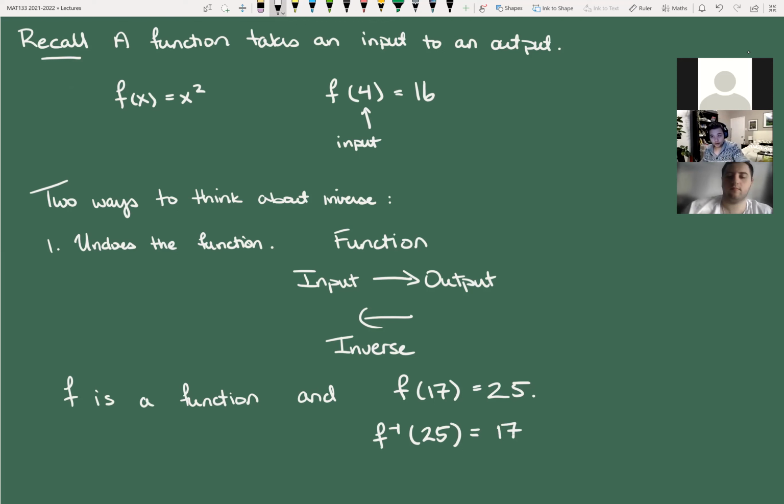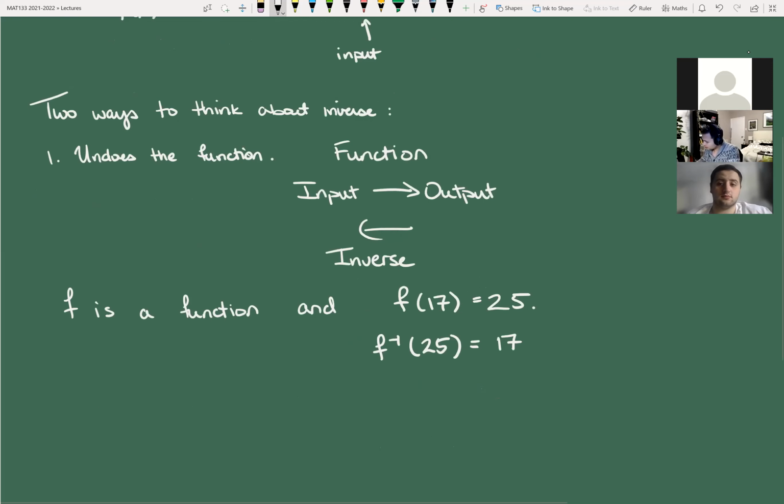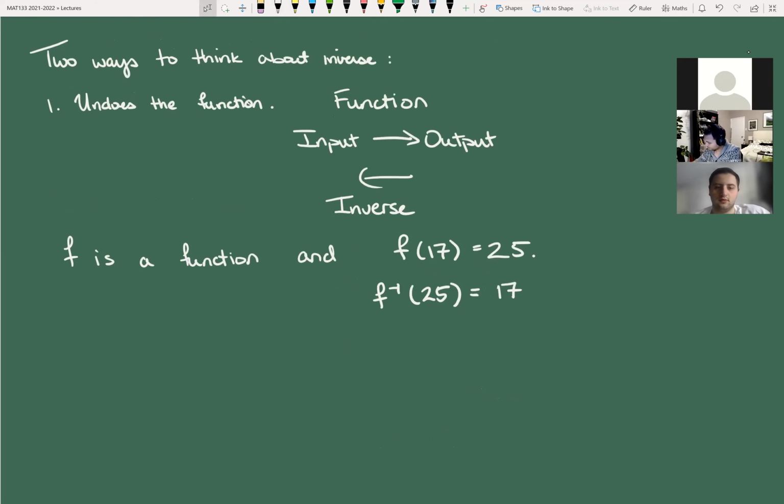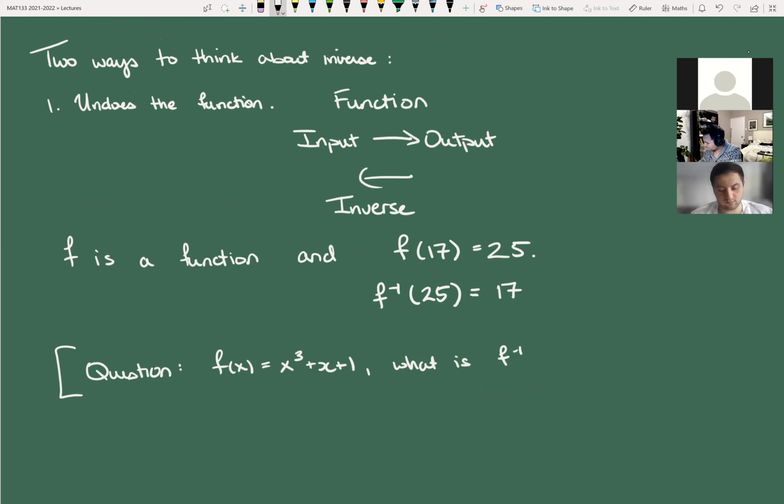Okay, so now let's do the question, and then I'll tell you the second way of thinking about inverses. Remember, the question says we know that f of x equals x cubed plus x plus 1. What is f inverse of 1?